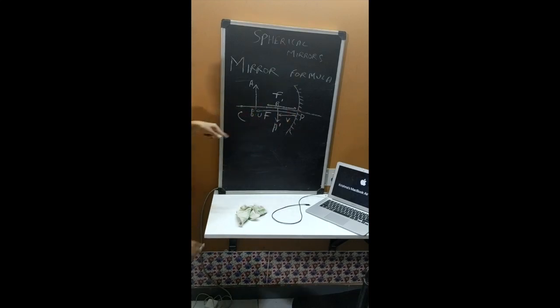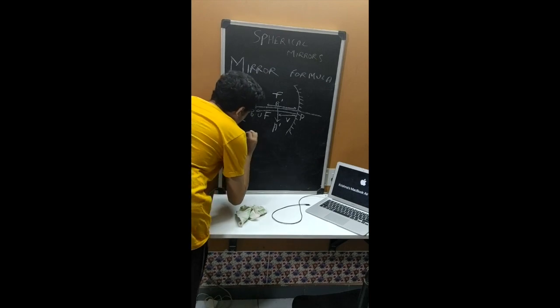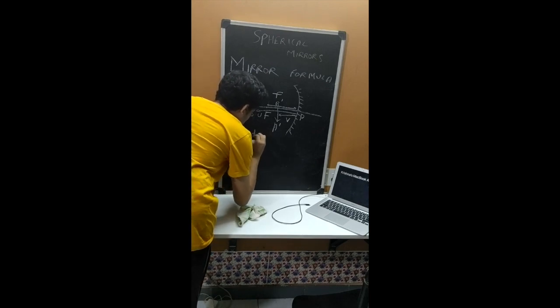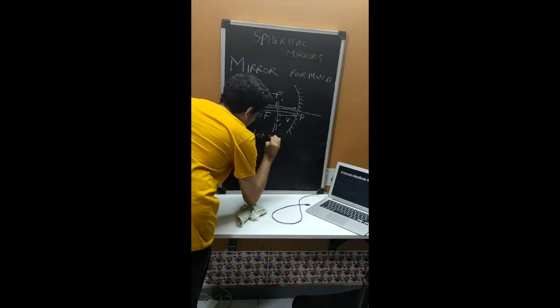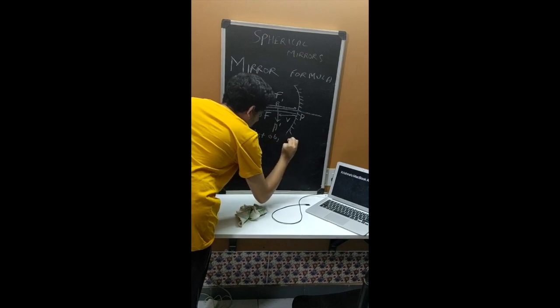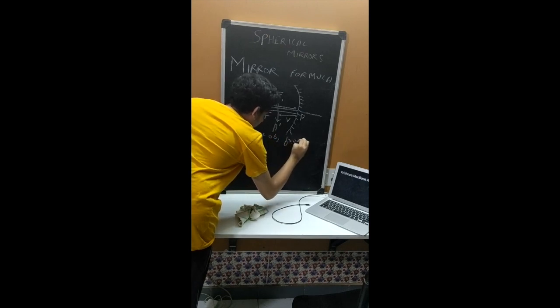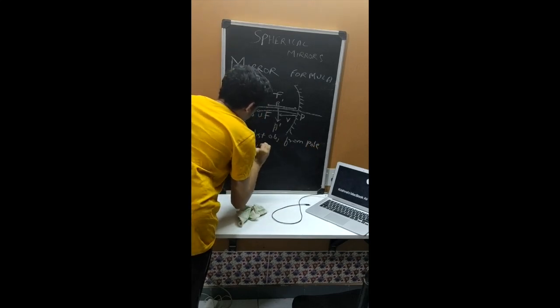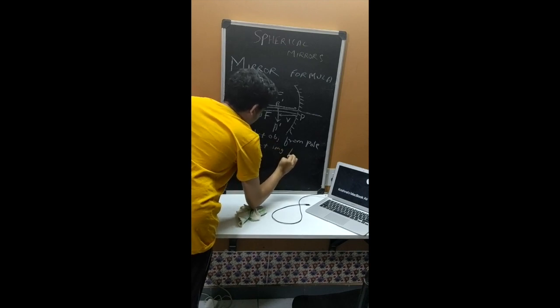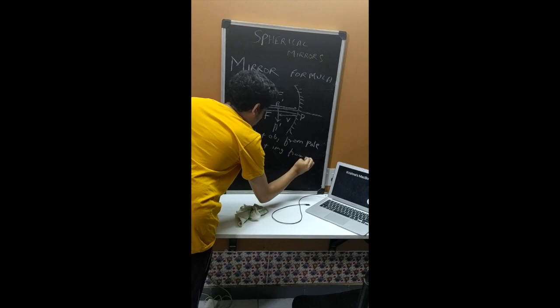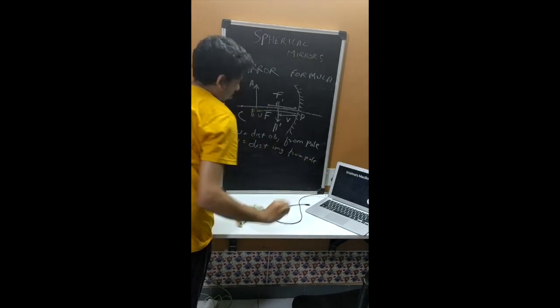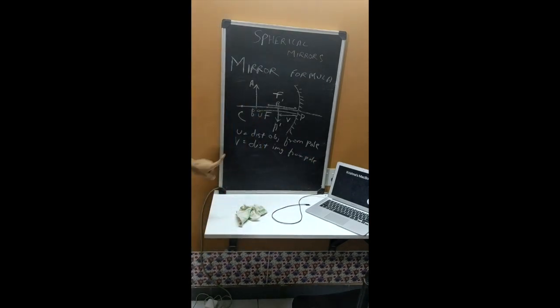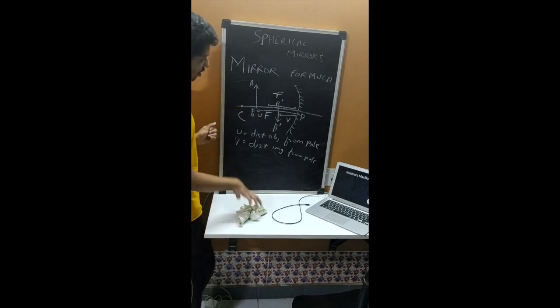Note it down. u is the distance of the object from the pole. v is the distance of the image from the pole. Okay, this is very important. f, you know, is the focal length. Okay.